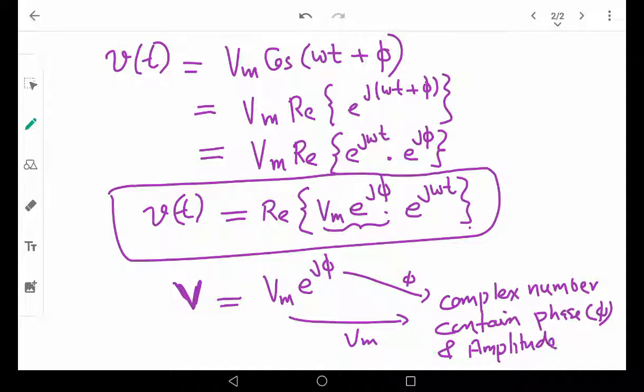It does not specify anything about the time domain behavior of the signal. The time aspect is given by e raised to j omega t.